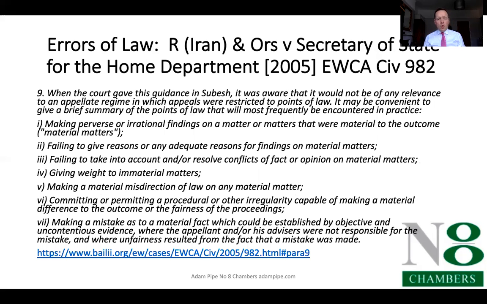What is an error of law, or an error on a point of law, which is the language that's used now? Well, it's set out in the case of Iran. And you'll see there in those 7 Roman numerals on your screen are common errors of law that are usually encountered in practice. And what I use those 7 errors for is I use them as headings.